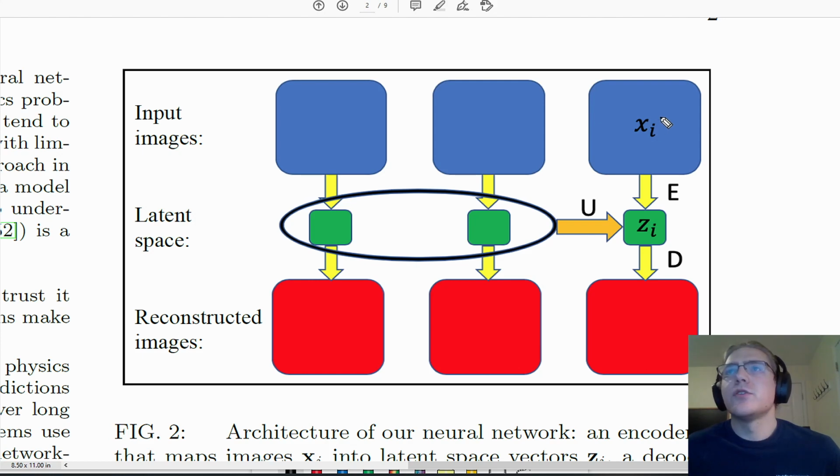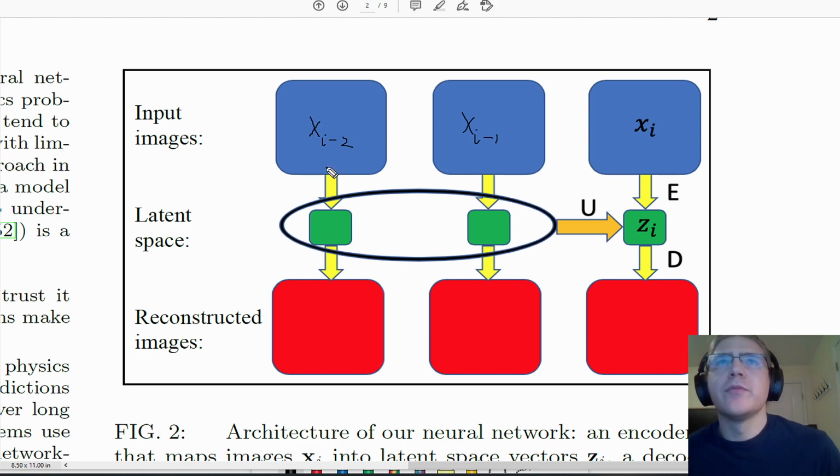So it's taking this autoencoder and it's copying it a couple times. So now you have this frame here, and then we look at the previous frame. xi is the image at frame i, then the image at the previous frame, and the image at the frame before that.